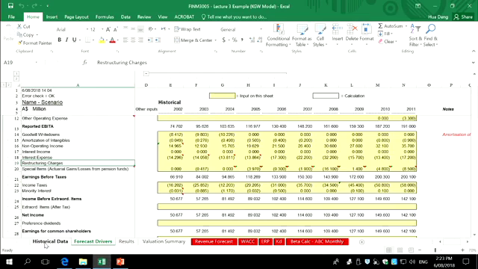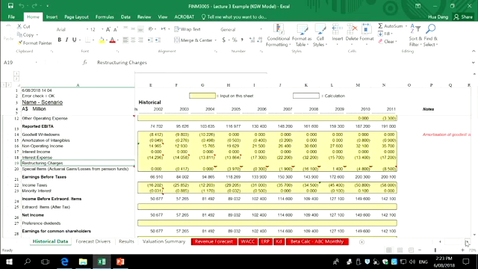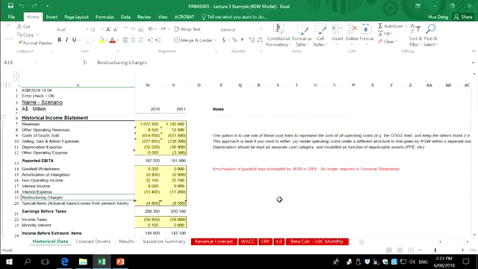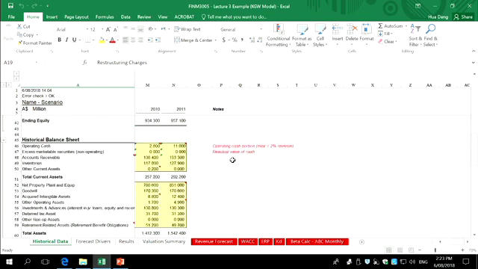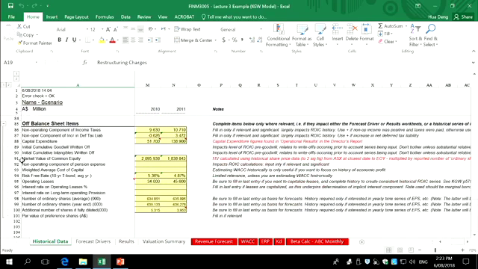To write some notes, you will see some notes in the historical data spreadsheet. I give you some notes on how these items should be used and some warnings on how you might use these line items or how you can select any item of balance sheet items to use.